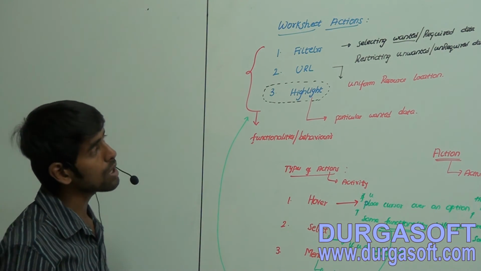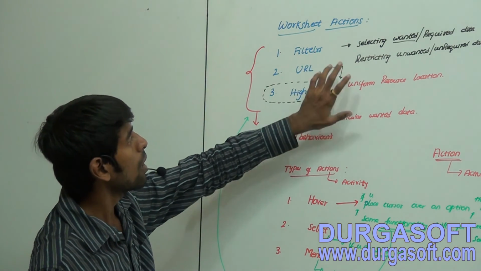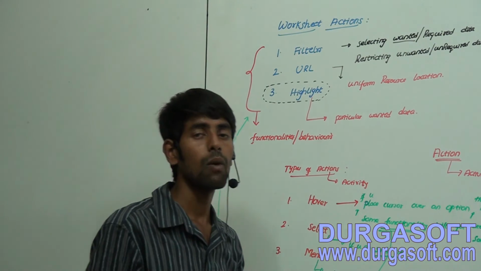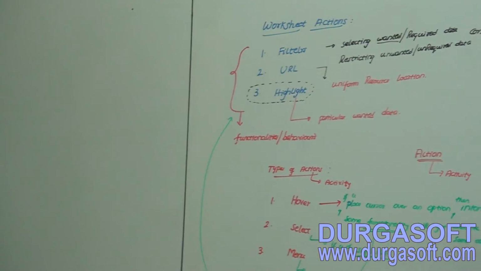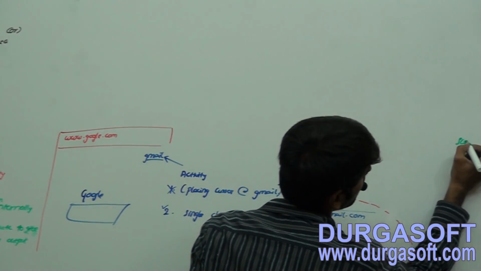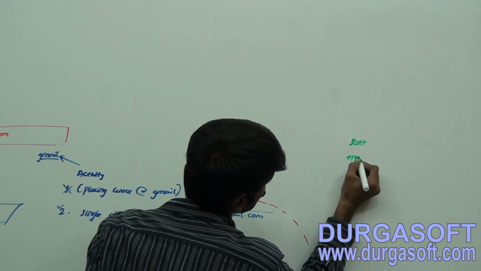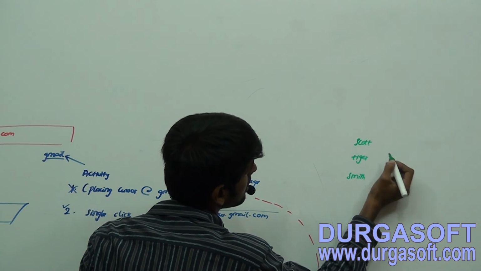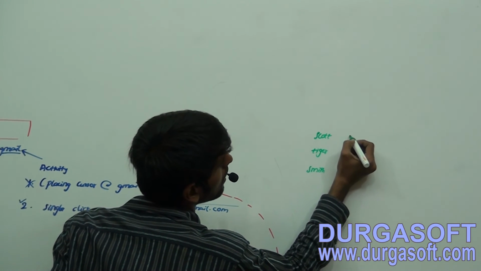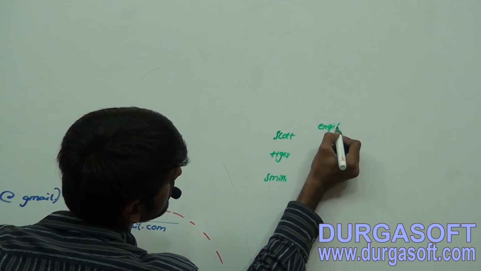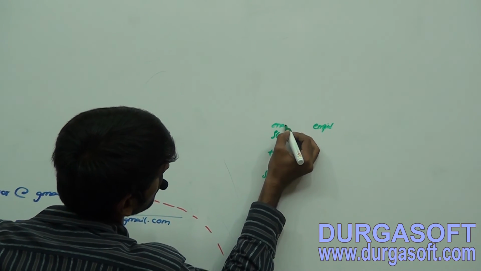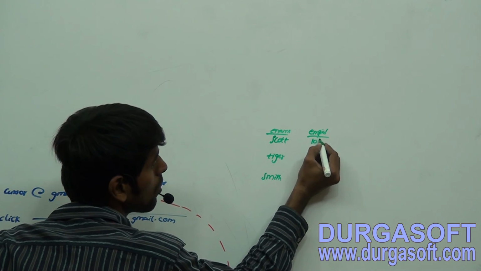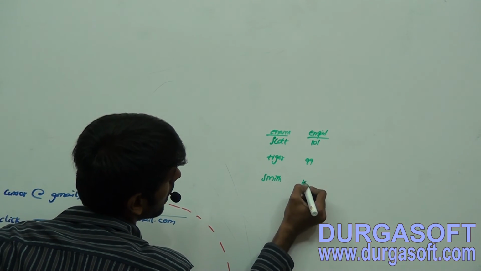Now, let me talk about the filter one. Honestly speaking, what is a filter? Selecting the wanted, required data. Let me take Scott, Tiger and Smith, let it be their EMP ID and ename. Scott's EMP ID is 101, then 99 and 100.